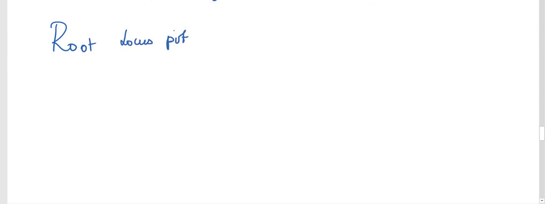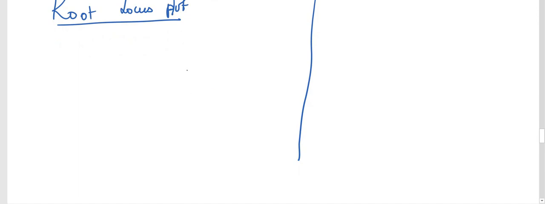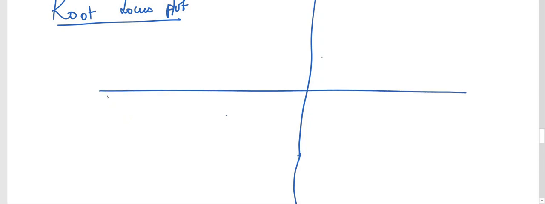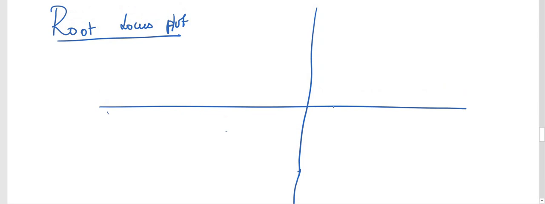For plotting the root locus, first I have to draw the real axis and imaginary axis, sigma and j omega. First of all, I have to mark the poles.